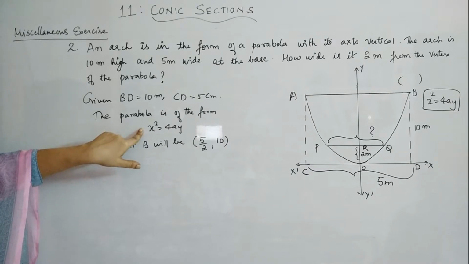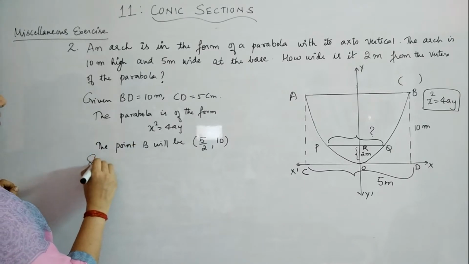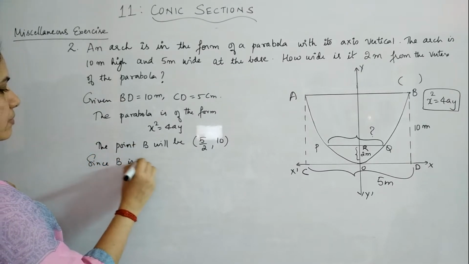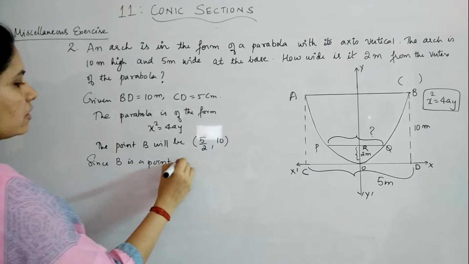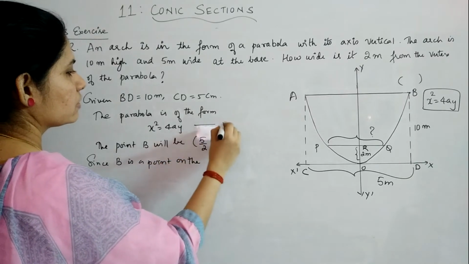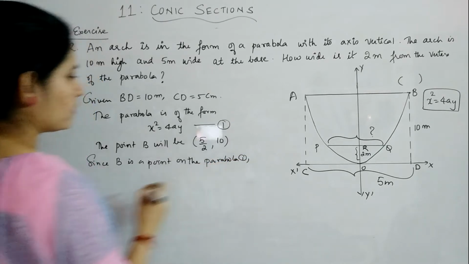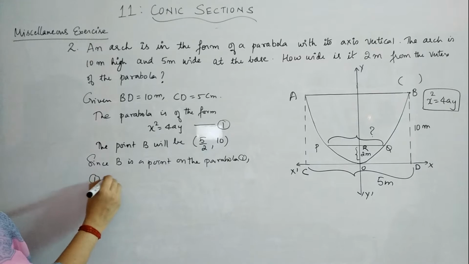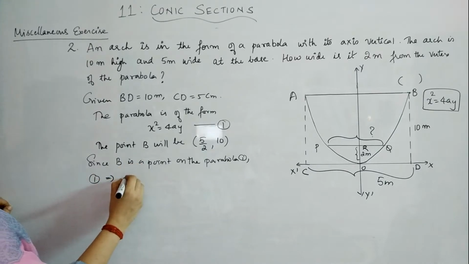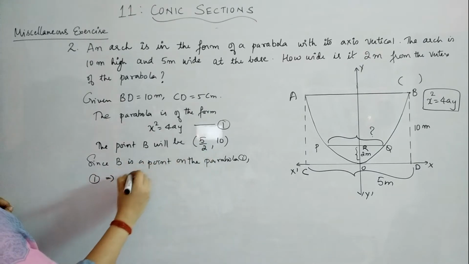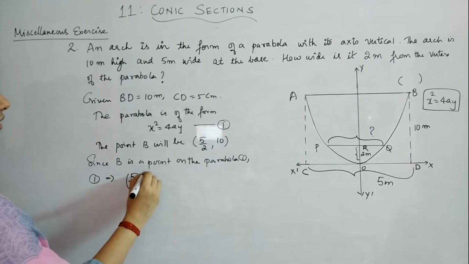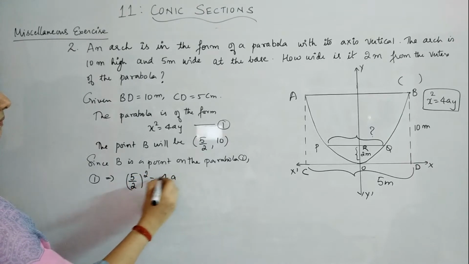So it will satisfy the equation of the parabola. Since B is a point on the parabola, what will happen to equation number 1? Equation 1 will become, replace x with 5 by 2 and y with 10.